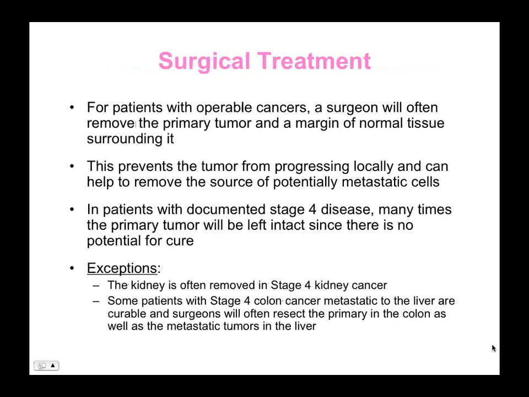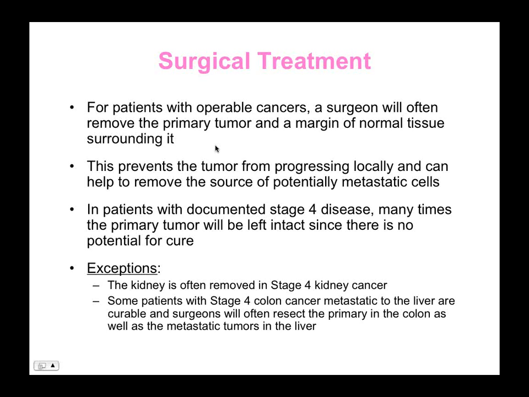So for patients who have operable tumors, the surgeon will often remove the primary cancer and a margin of normal tissue around the tumor. The goal of removing the cancer is to prevent it from progressing locally, but it also helps to remove that source of potentially metastatic cells.